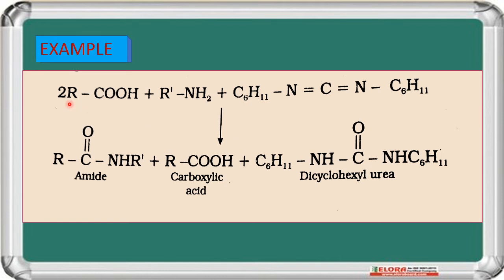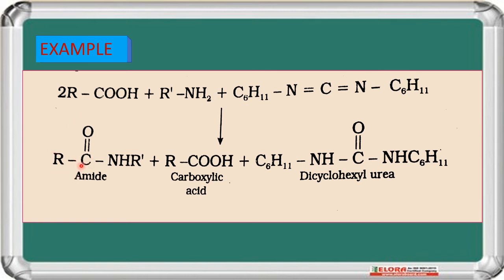Take two molecules: acid, RCOOH, plus amine, R'-NH2, with NH2 attached to the R group. It reacts with DCC, C6H11-N=C=N-C6H11, and the product formed is amide.